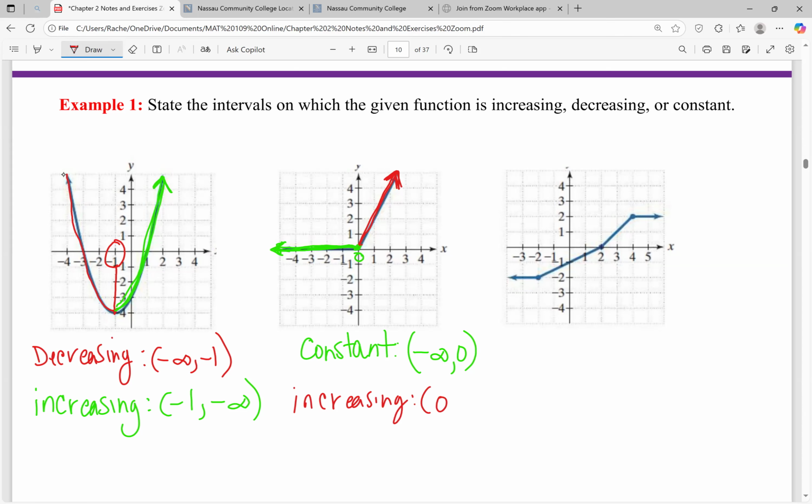Let's look at example 3. f of x is equal to 3x plus 5 only if x is less than 0. Otherwise, f of x is equal to 4x plus 7 if x is greater than or equal to 0.